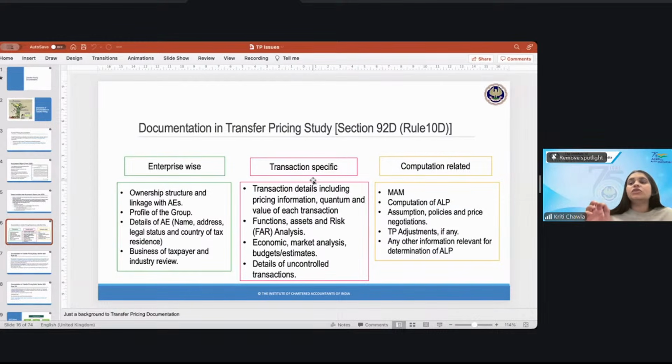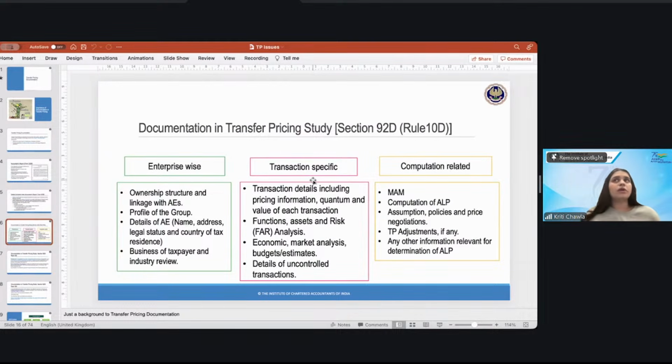We give them reasons to reject the cost plus method. We give them reasons to reject the resale price method, reject the PSM method, reject other methods, and then give them reasons on why we feel that the transactional net margin method is the most appropriate method. And that kind of detail makes the TP study a very, very detailed, extensive document.